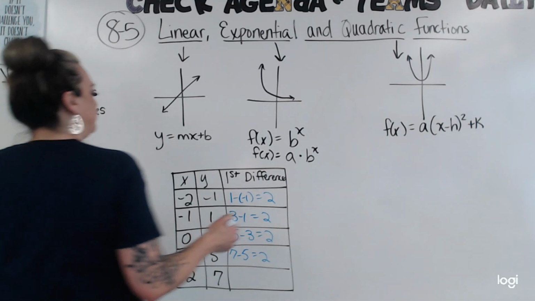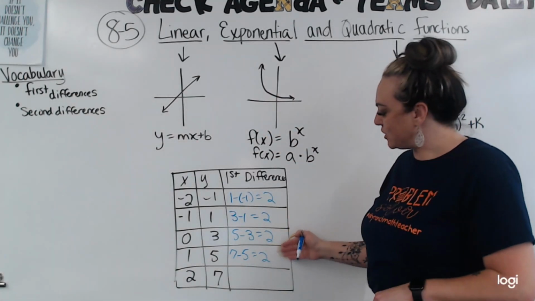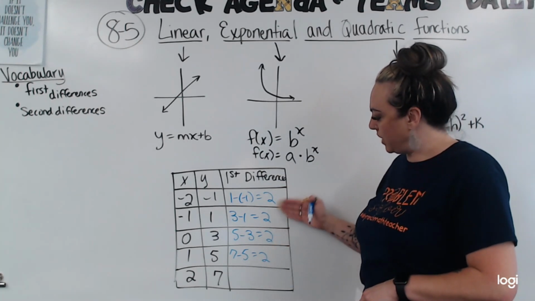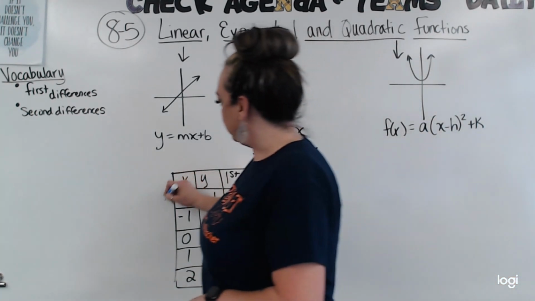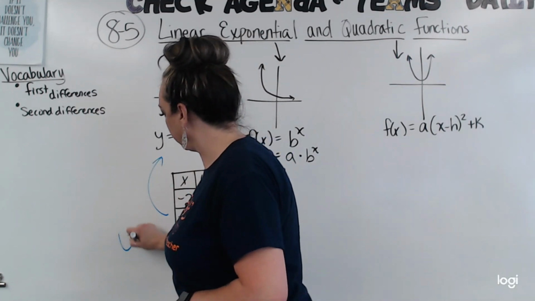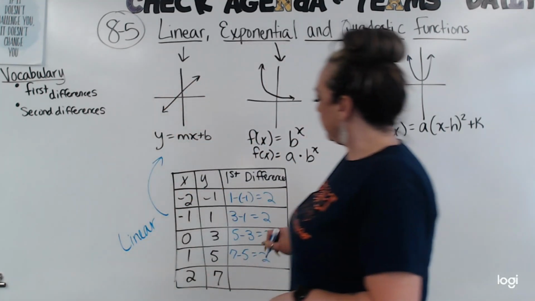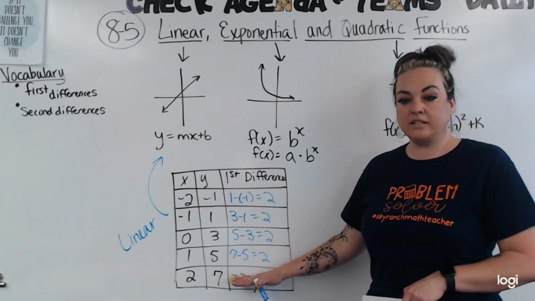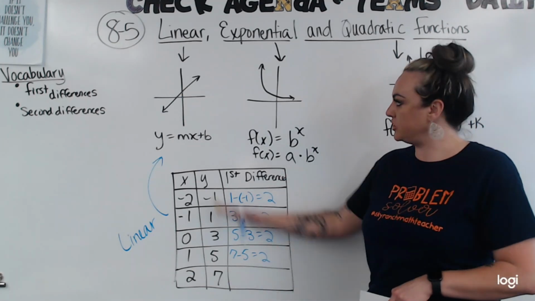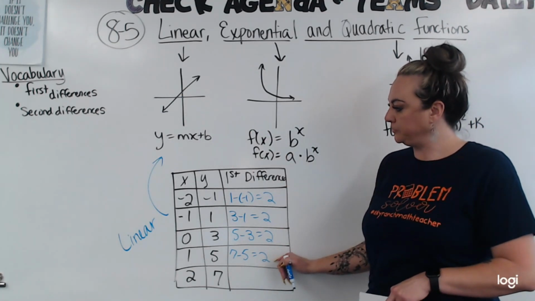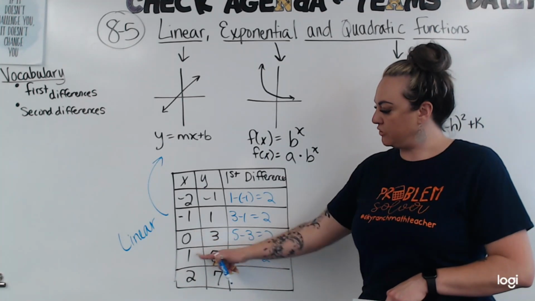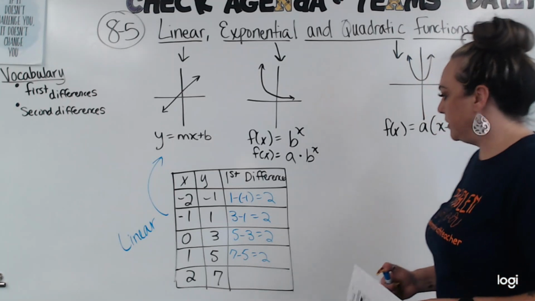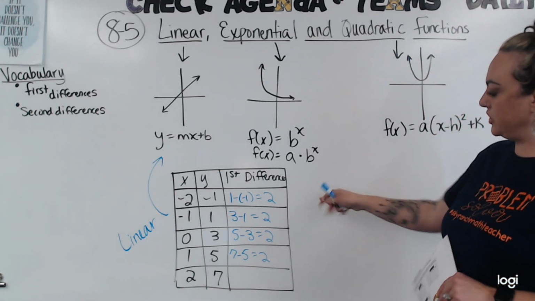So when you have a constant rate, so you've subtracted and you have a constant rate, that is a linear function. And think about it this way as well. This would be like what we would do when finding slope. So the slope of our function would be positive 2 because each x is increasing by 1, and it's going up by 2 each time. Okay, so that's an example of a linear function.